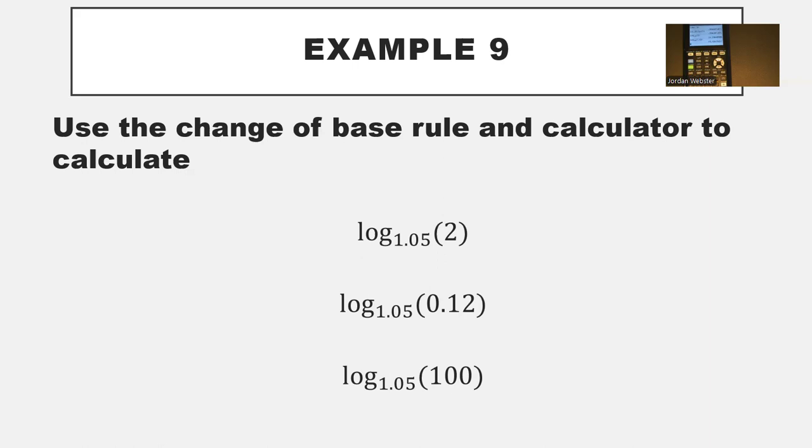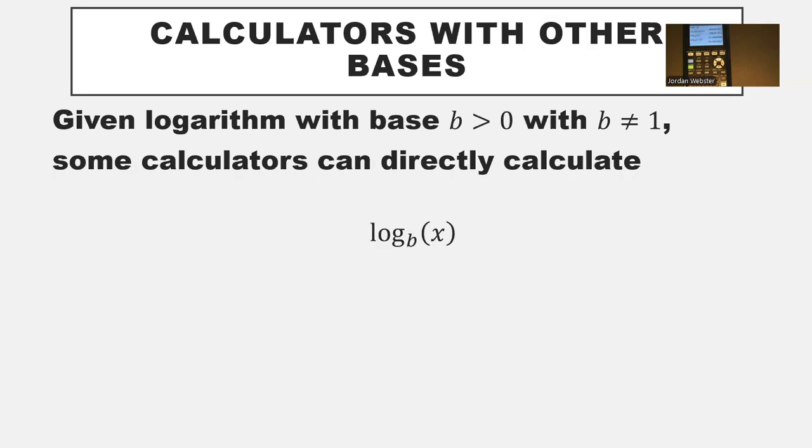Again, I'm just typing these things into my calculator, either by change of base rule or by that calculator function where I input my base. Makes sense? Gist of it. So we can calculate directly using our calculator. We can also calculate using change of base rule. That's all I'm getting at.